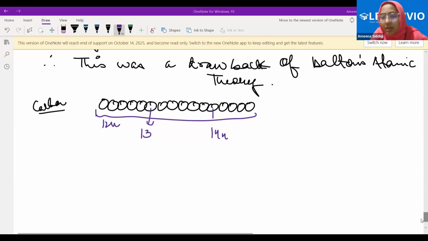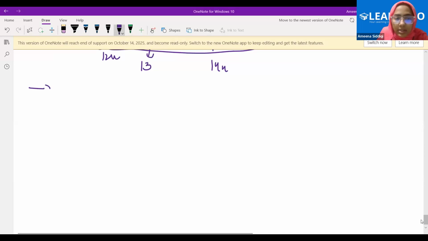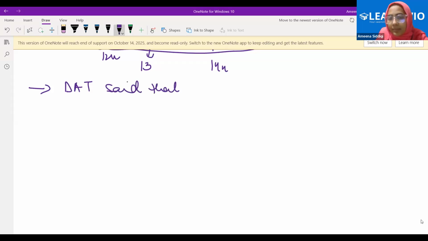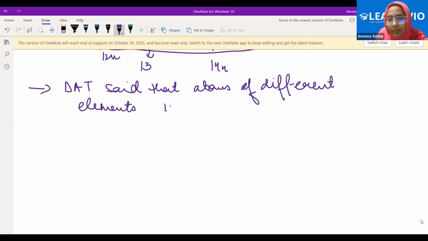See, Dalton's atomic theory said that atoms of different elements will have different mass.